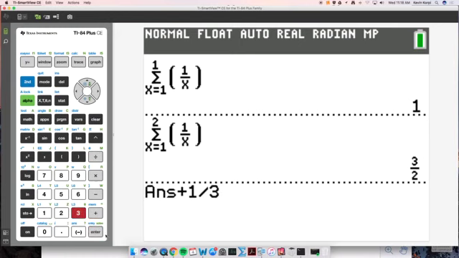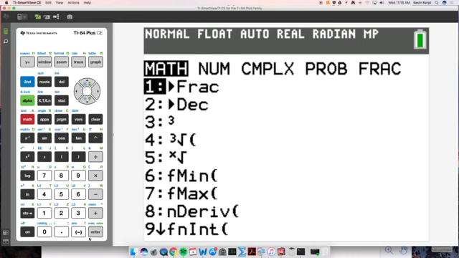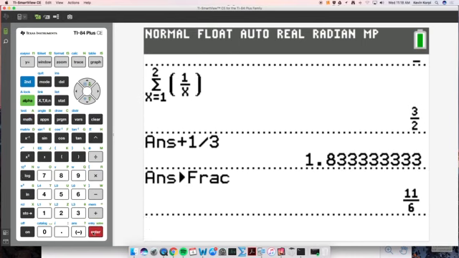And that gives us 11/6. I don't even want to hit math, enter anymore because it's easier to compare numbers with decimals. So let's just write that as 1, 1.5 then. And then for 11/6, I'm going to put 1.833.